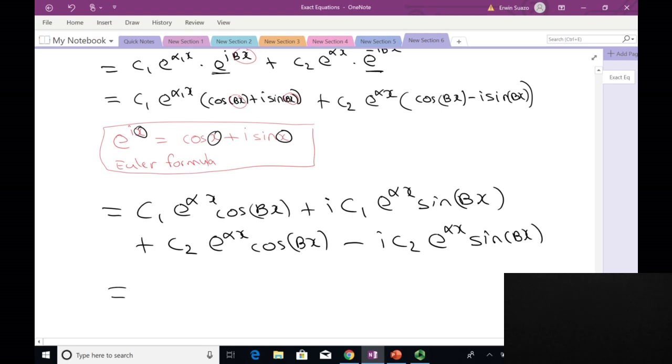So then I can factor cosine of beta x. If I factor cosine of beta x, I factor these two guys. So what do I get? I get c1 e to the alpha x plus c2. Oh, well, I also can factor e to the alpha x, right? So let's factor it.